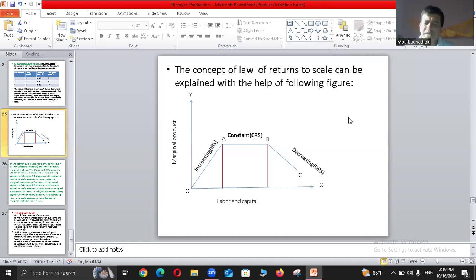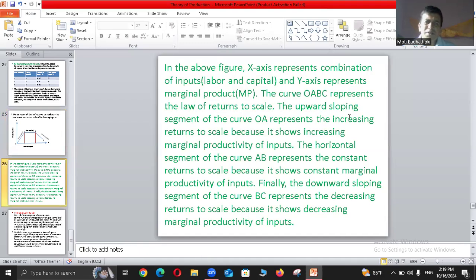Now we can explain this. In the above figure, the x-axis represents the combination of inputs, labor and capital, and the y-axis represents marginal product, MP. The curve OABC represents the law of returns to scale. The upward sloping segment of the curve, OA, represents the increasing returns to scale because it shows increasing marginal productivity of inputs.